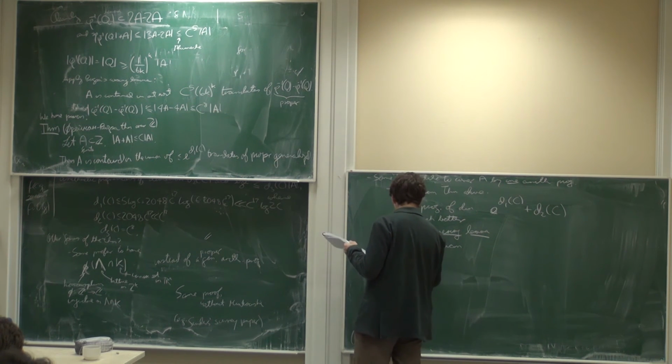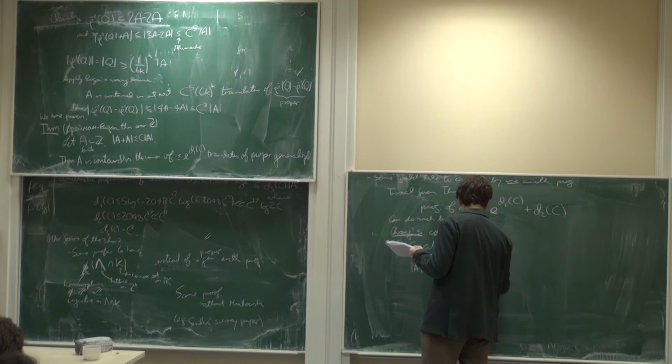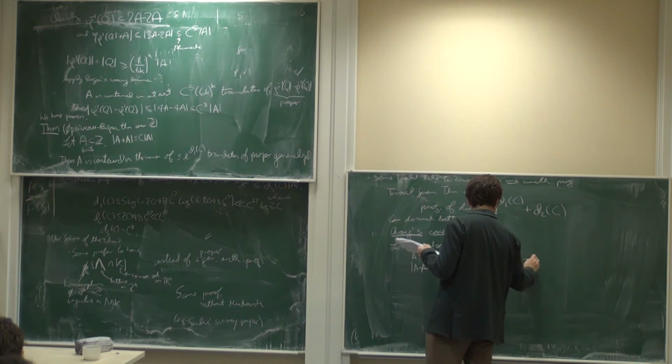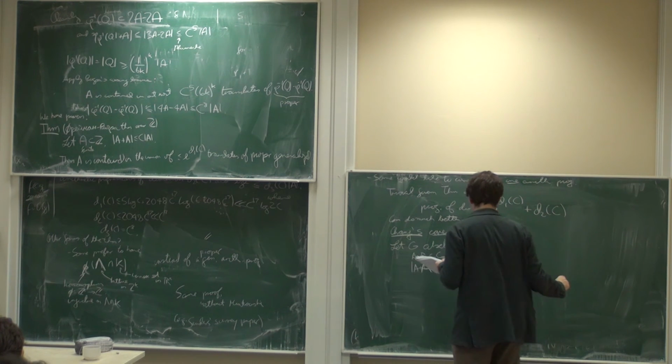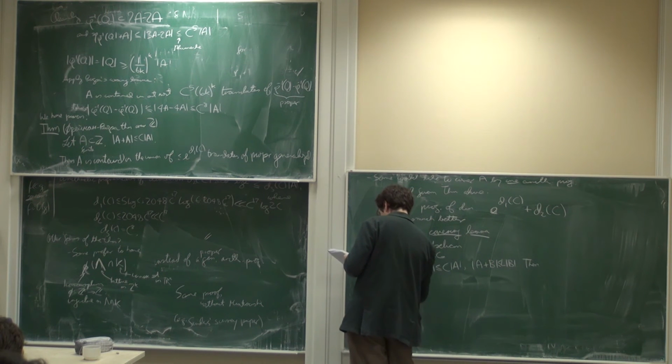Let G be abelian, A in G. Sorry, A plus A at most C times A. A plus B at most L times B. Then there exists t at most logarithm of CL.